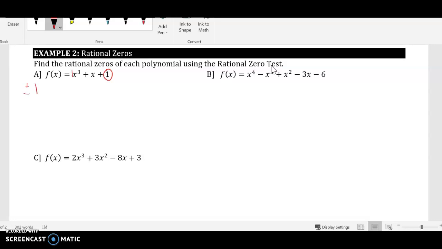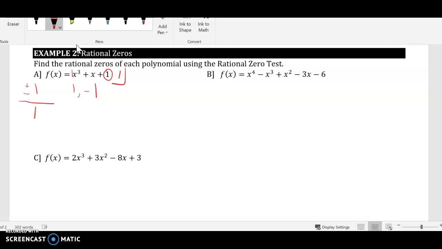So it's just 1, so it's plus or minus 1. That goes on the top. And then on the bottom, you put all the factors of that. So that's just 1. So your zeros could be 1 or -1 in terms of rational. That doesn't mean you can't have any square roots or any imaginaries, but these are your rational zeros.